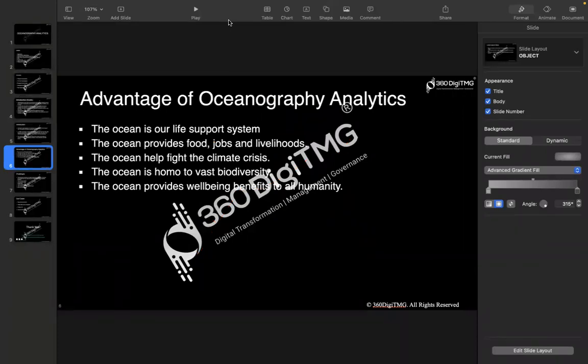So the first point is the ocean is our life support system. Why? Because from the oceans we have seafood, sea resources, and ocean transport. We have income from the oceans, so it is our life support system, as I think. Then the ocean provides food, jobs, and livelihoods.